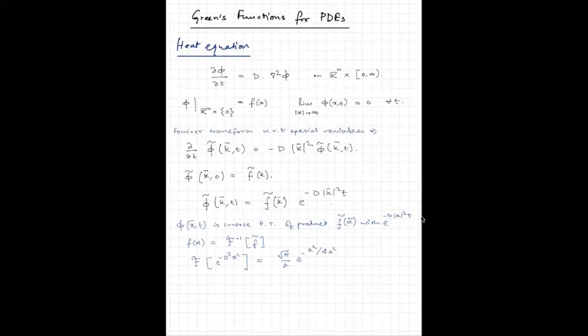If you set a squared equal to 1 over 4dt, and you treat t as a fixed parameter while doing the Fourier transform, we are going to find the inverse Fourier transform of e to the minus dt k squared is equal to e to the minus x squared by 4dt over the square root of 4 pi dt.